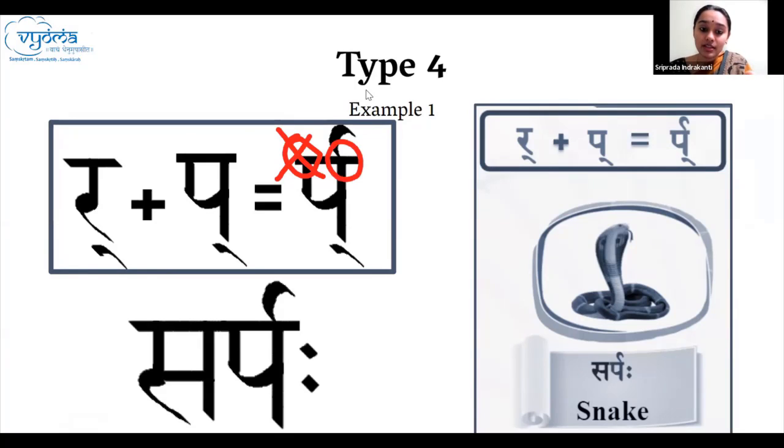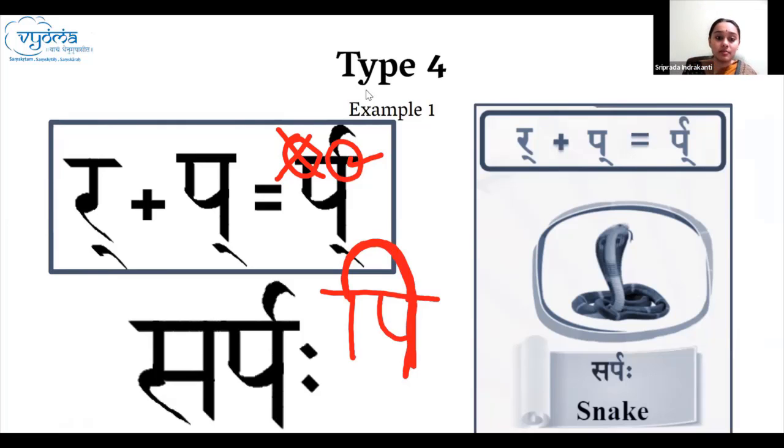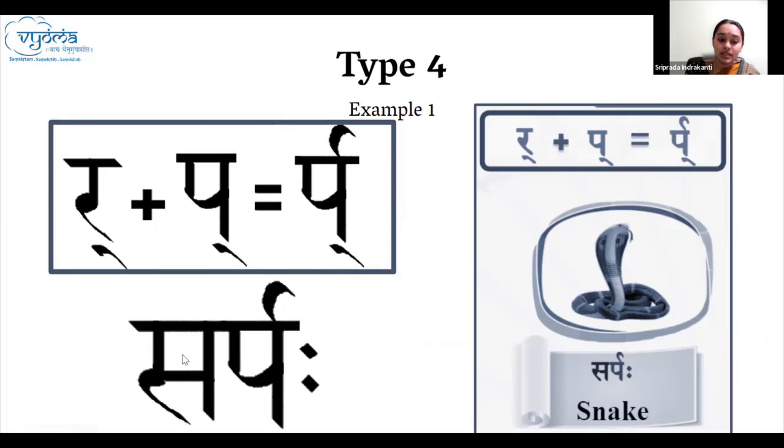It always comes on the second, just like how we learned in the Gunita Aksharas, that Pa is written like this. This hook, this loop has to come on the second vertical line. This is very important. So, Sarpaha. This is one type where Ra is the first Vyanjana.